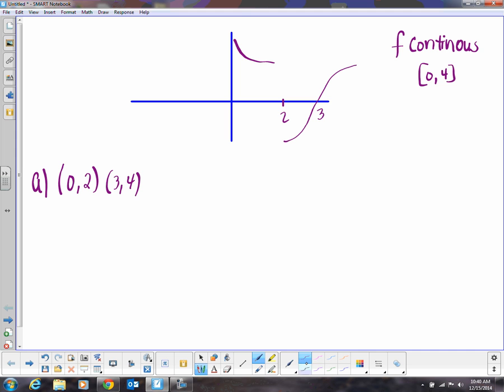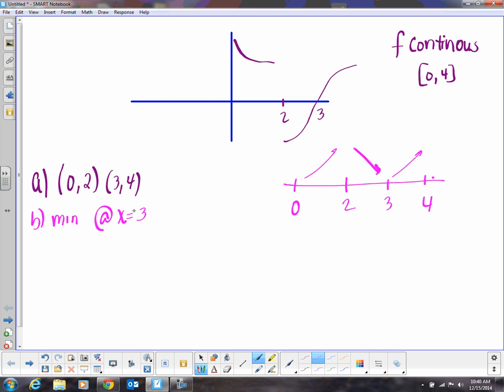I would draw this picture: you've got 0, 2, 3, and 4. From 0 to 2, you're increasing. From 2 to 3, you're decreasing. And 3 to 4, you're increasing. Does that make sense? Yes, sir. So part B, there's a minimum where? At x equals 3.